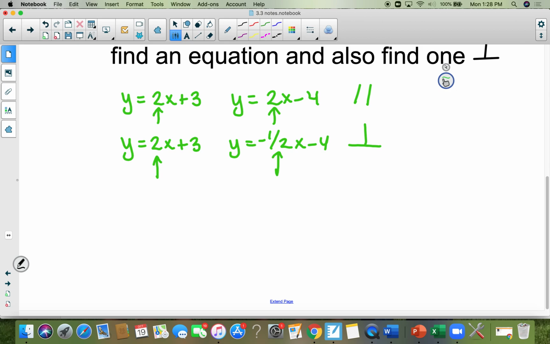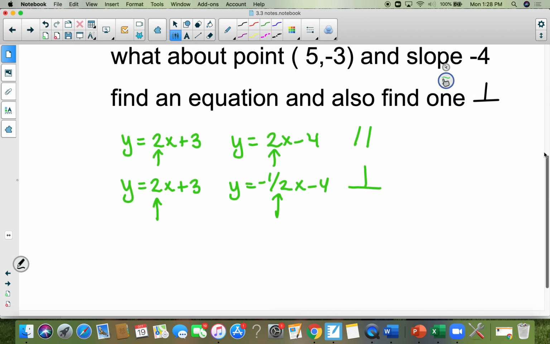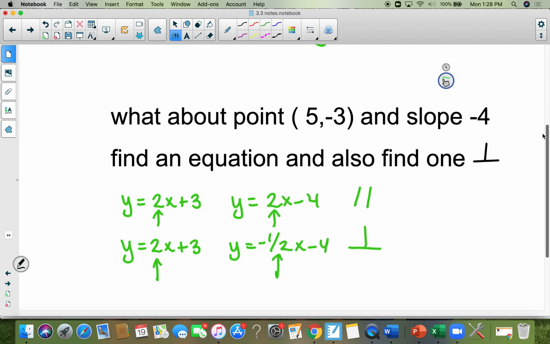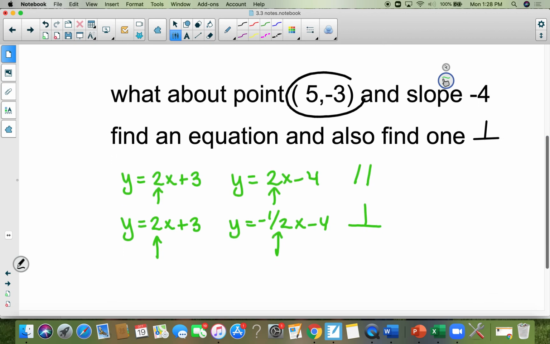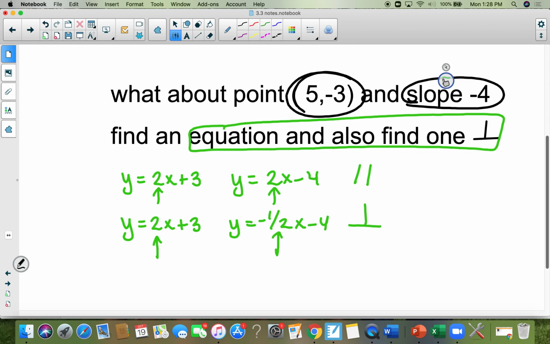So on the test, or in your homework today, they're asking you to use the point 5, -3, and they're giving you the slope -4. They want you to come up with an equation that's perpendicular to that. So I'm just going to put in y equals mx plus b.